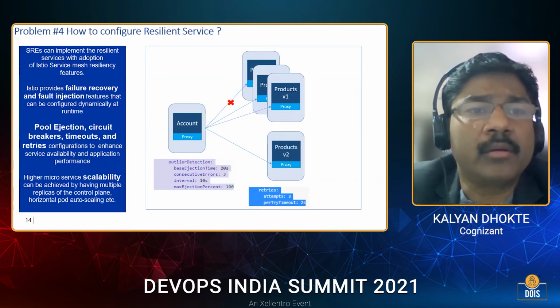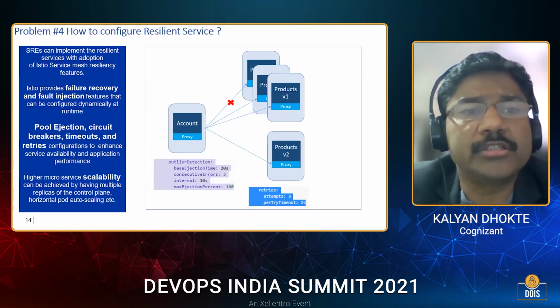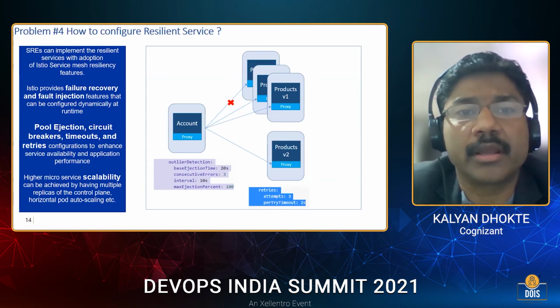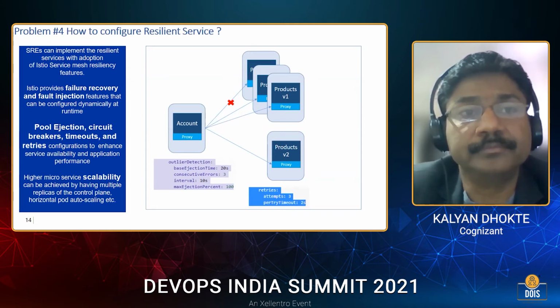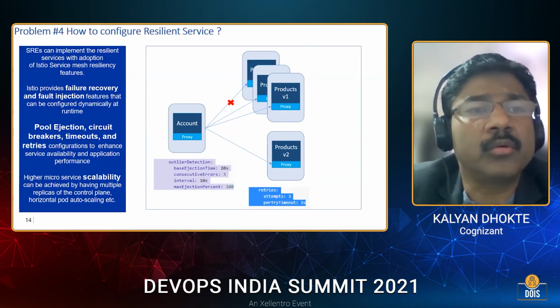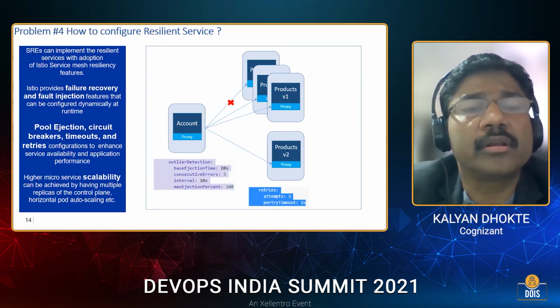Higher microservice scalability can also be achieved by having multiple replicas of the control plane, and the horizontal autoscaler is important here. So that's how you can see I can overcome this problem 4, which is how to configure resilient service using this Istio Service Mesh feature.